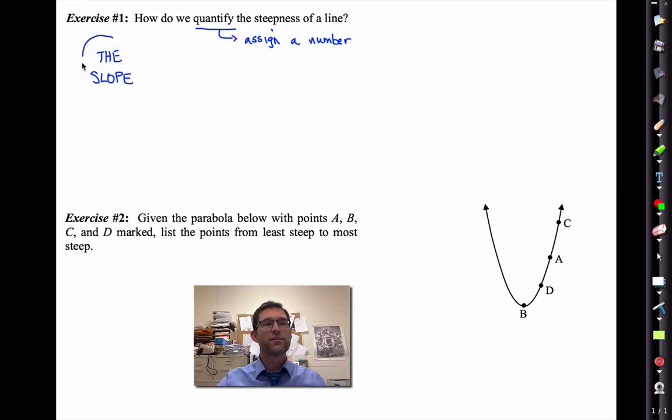Now notice we talk about the slope, right? Now I know for years you've heard that all lines have just one slope. It doesn't matter which two x values you pick.